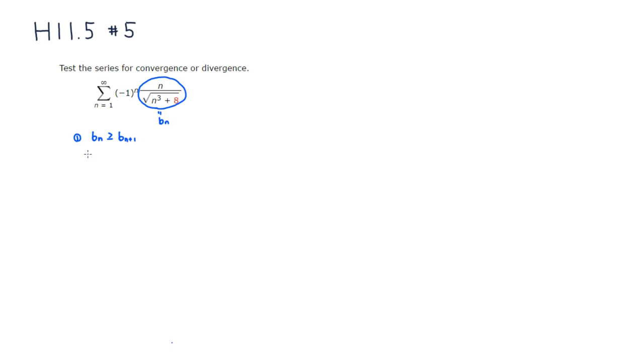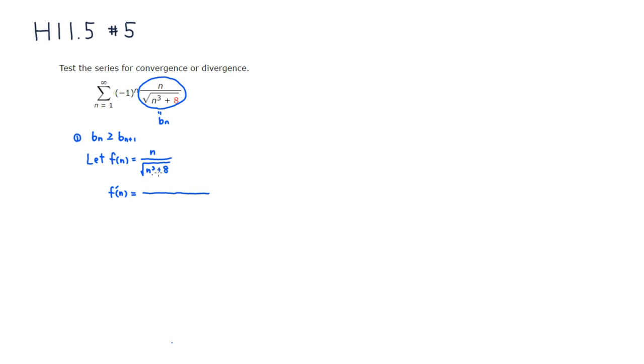So I'm going to let f of n equal n over the square root of n cubed plus 8. Alright, so let's look at its derivative. So f prime of n, we're taking a derivative with respect to n using the quotient rule.